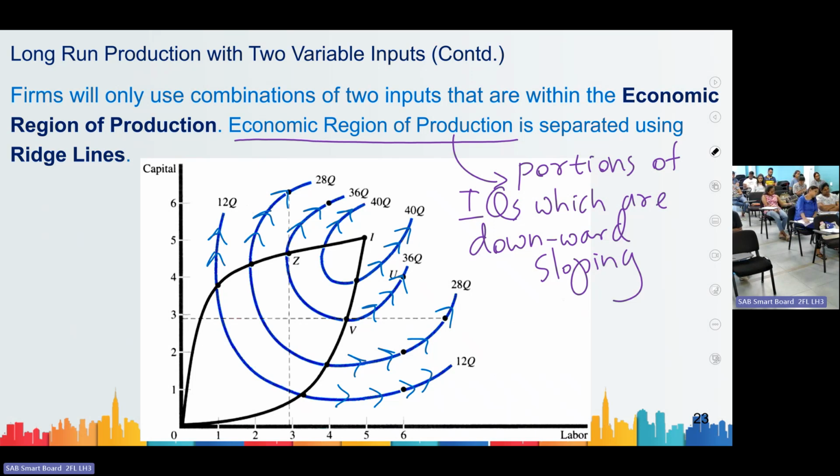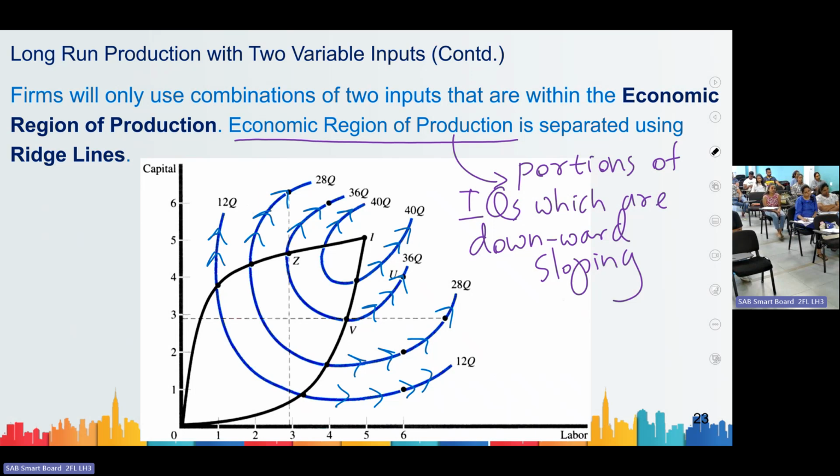Firms will only use combinations of two inputs that are within the economic region of production. The economic region of production is separated using ridge lines. To separate it from the upward sloping parts of isoquants, we draw ridge lines.